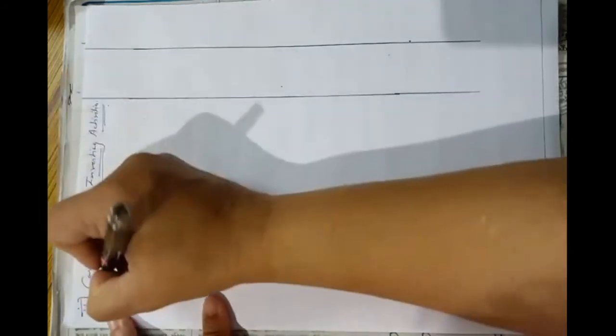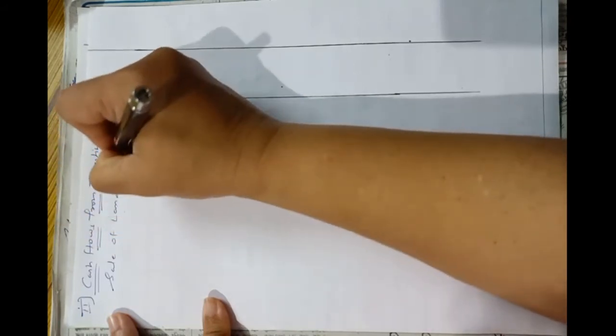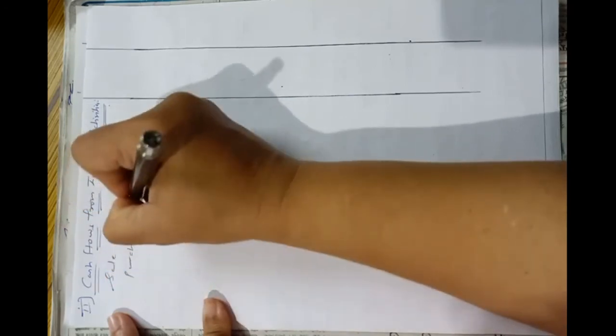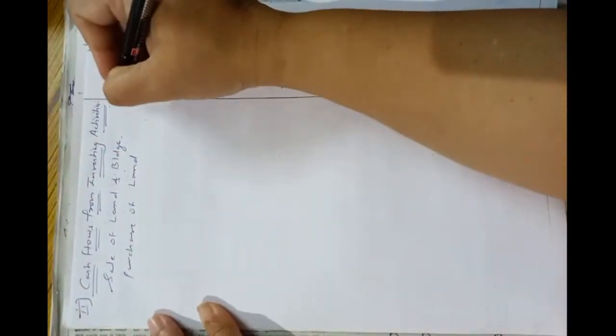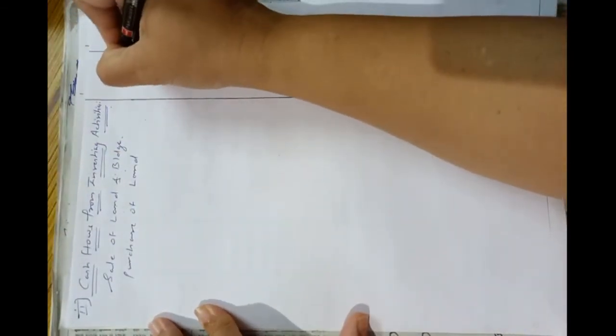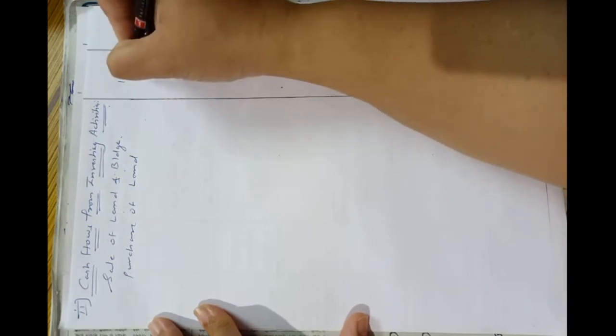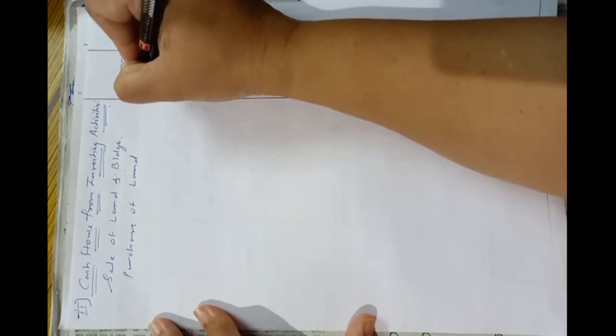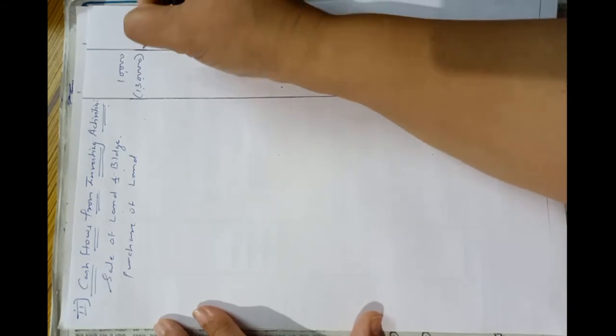So two investing activities are there. Sale of land 10,000, purchase of plant 1,30,000. Sale of land is 10,000, amount will be positive as we are receiving cash. Purchase of plant 1,30,000 will be in bracket because we have to show it as negative amount as cash is going out.